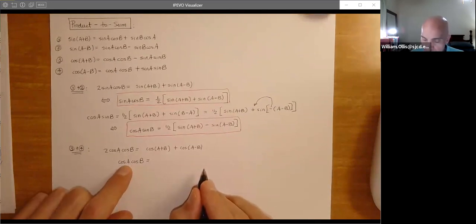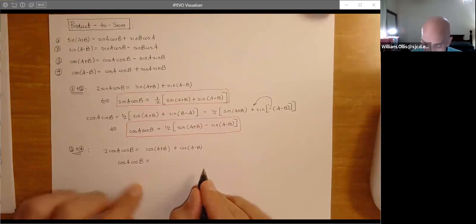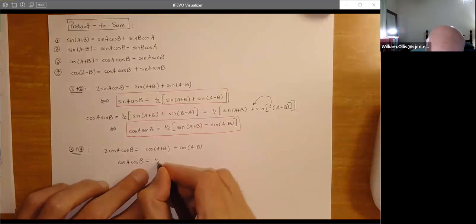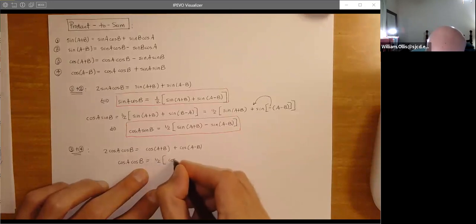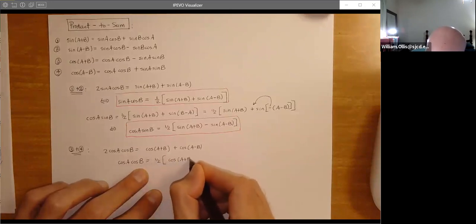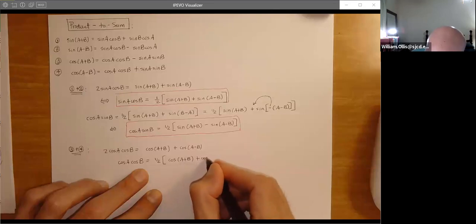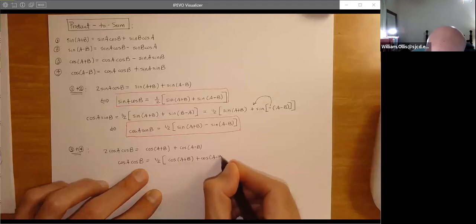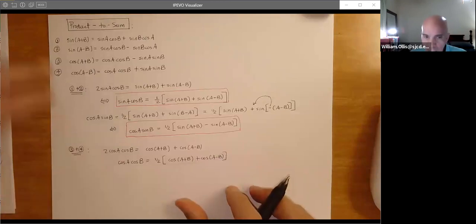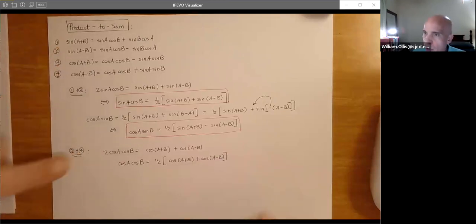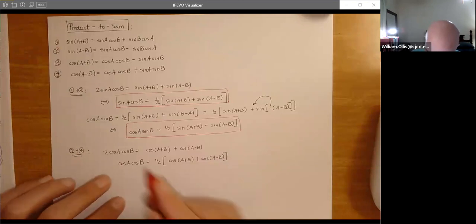This is cosine A, cosine B, where the A and B are different. Okay, this is very valuable. So this gives us 1/2 [cosine(A + B) plus cosine(A - B)]. Like I say, you have to do these derivations, otherwise you wouldn't believe me. You believe me here, but these do require just a little bit of motivation.